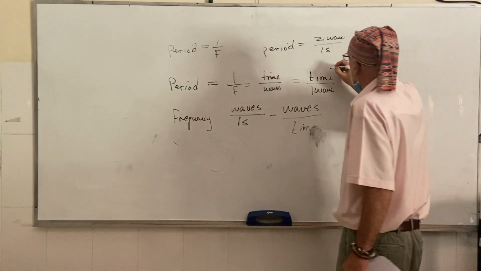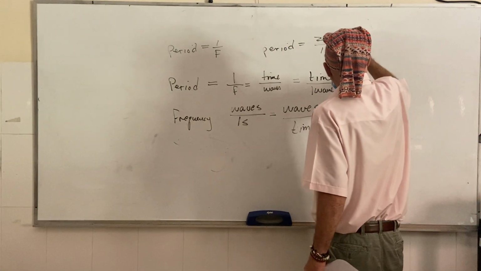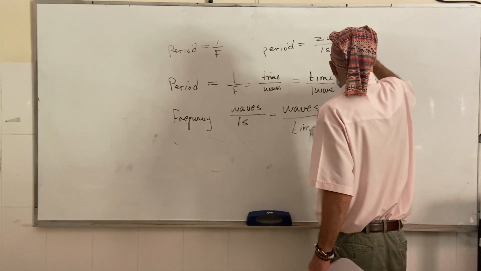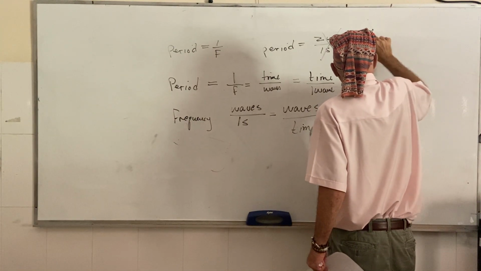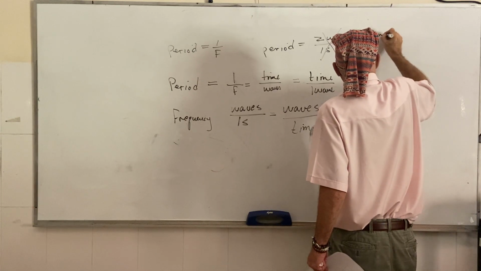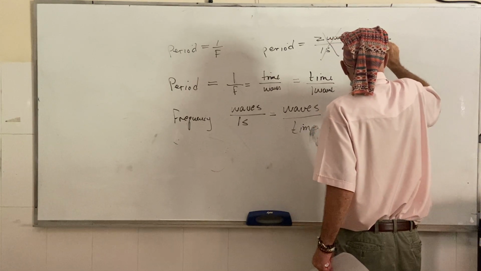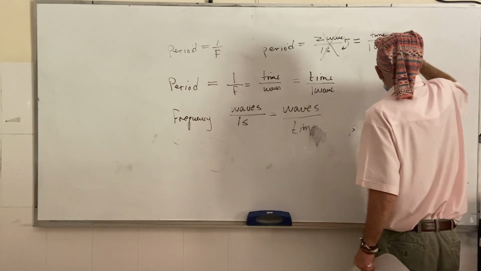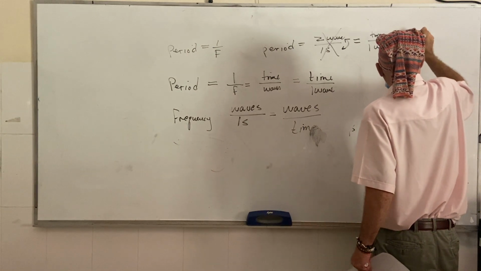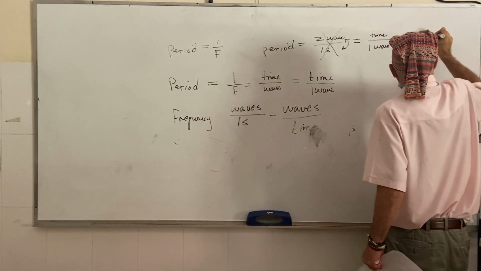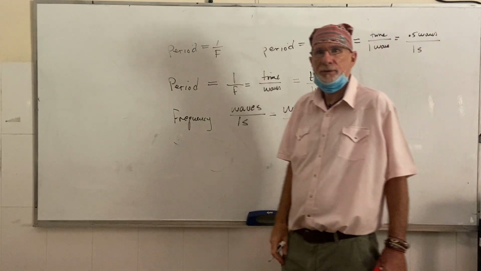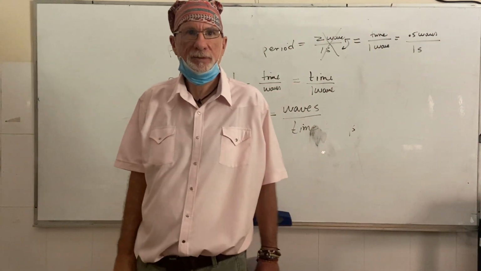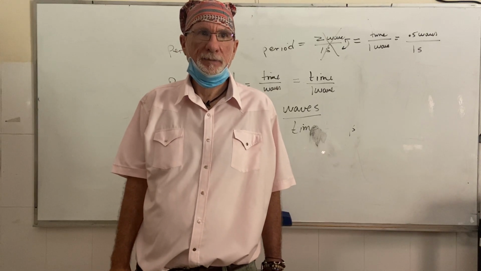The reverse would be the time for 1 wave, which would be 0.5 per 1 second. You get it?